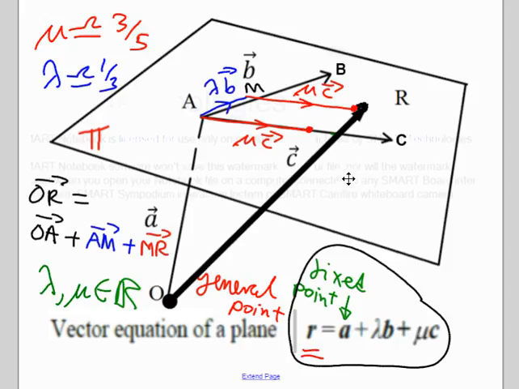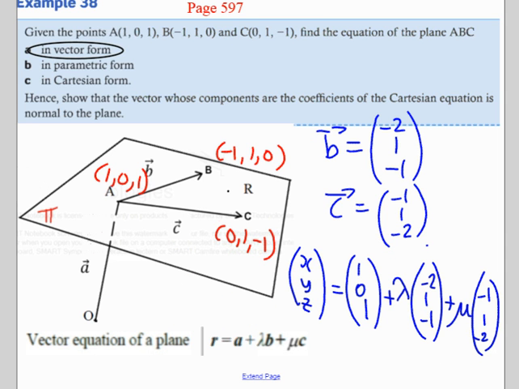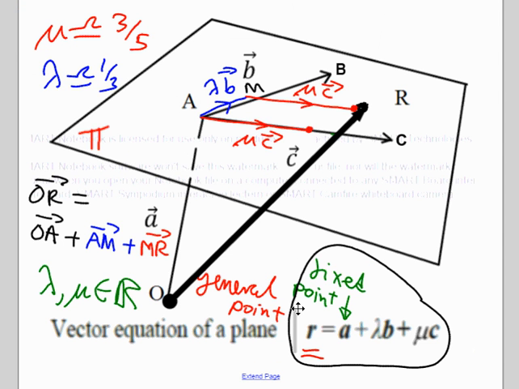In the same way, every single point in the plane pi is defined by a b-axis and a c-axis. It's just that to get to any point in the plane, we have to get onto the plane first with the fixed point. So, that's the vector equation of a plane.